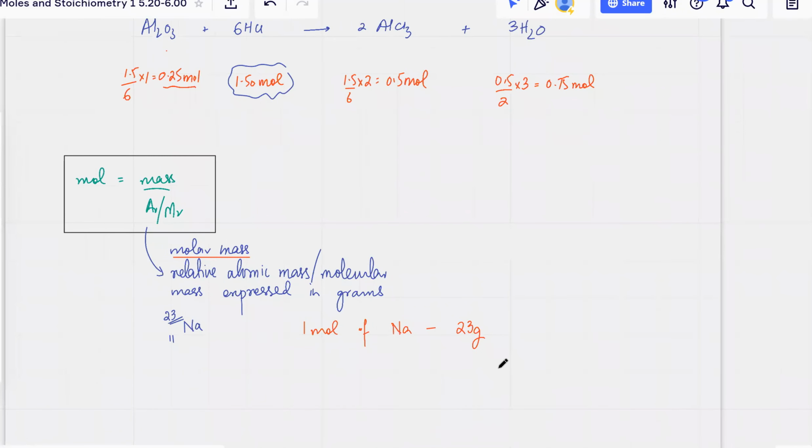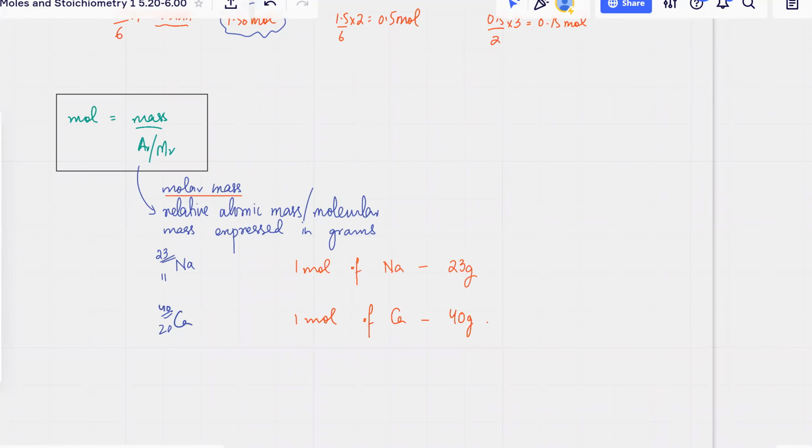Yes, sir. इसी तरह if you look at calcium का ना, that would be 40 and 20, right? तो जो बड़ा वाला number है, that is the molar mass. What that means is कि if you have 1 mole of calcium, so the mass of 1 mole of calcium atoms is 40 grams.